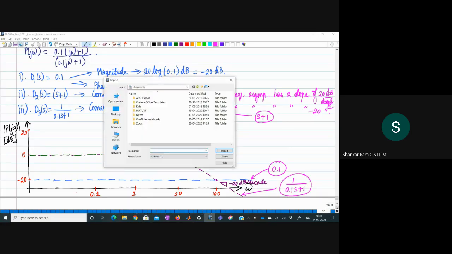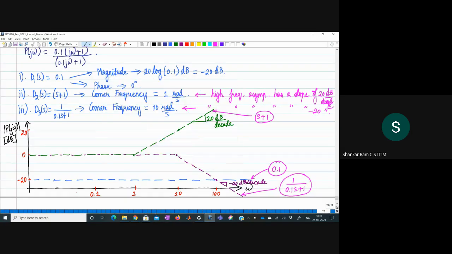All right. So now what we do, we essentially add the three. Have we plotted all the three Bode plots? Yes. We have plotted the magnitude plots for D1, D2, and D3, right? As we know, we just need to add them. Why?